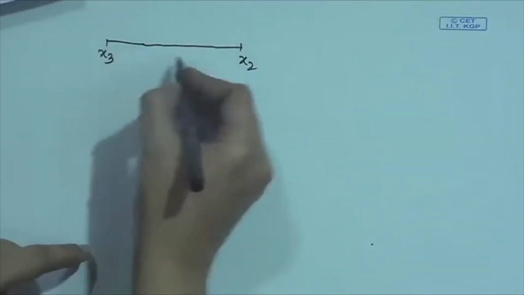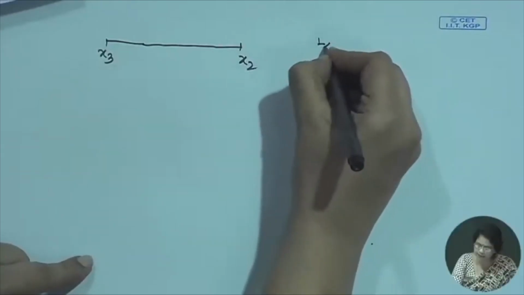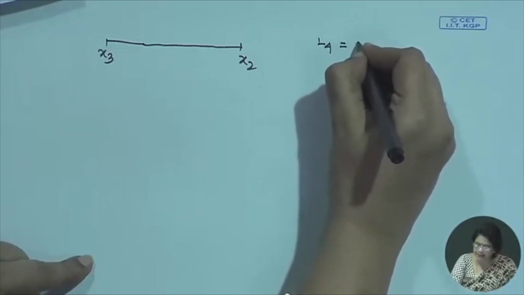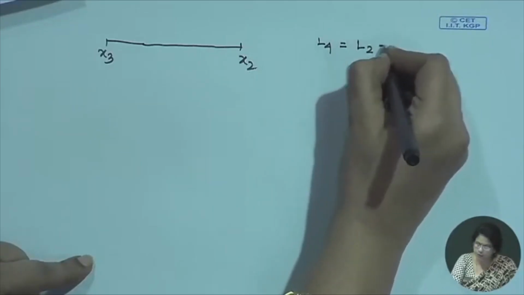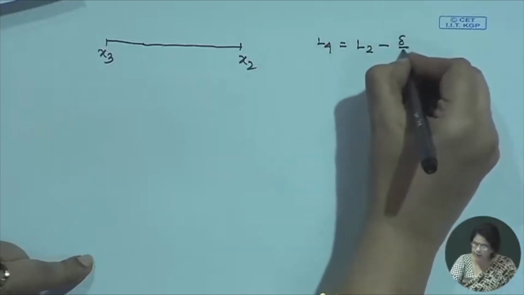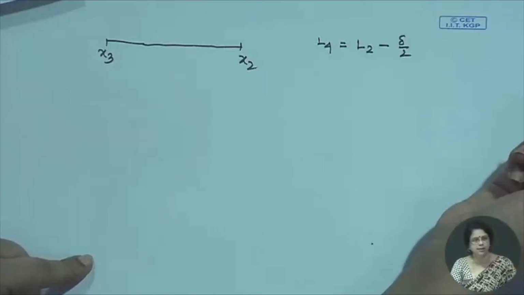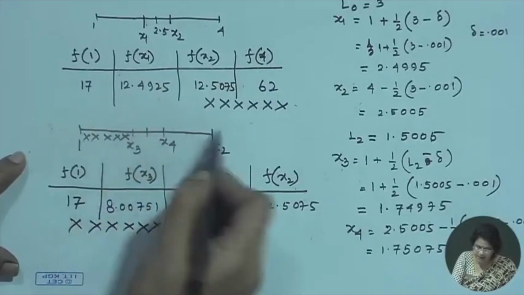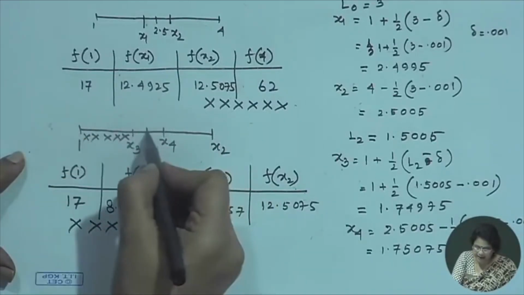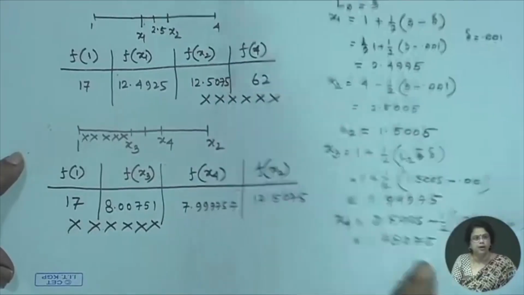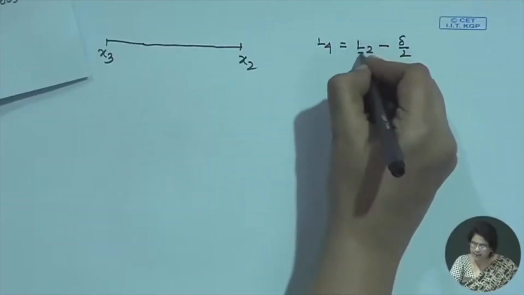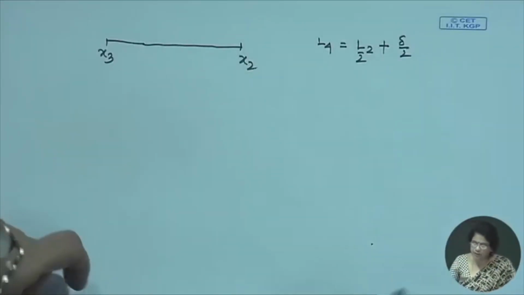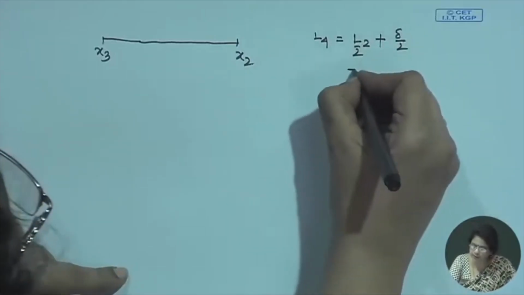That is why we are getting this as the new interval of uncertainty, L4, which, if you calculate, is L2 minus delta by 2, all right, because this is the whole L2 and L2 by 2, L2 by 2 plus delta by 2. This is a new interval of uncertainty, all right. Now, if we just find this value, it is coming as 0.75075.